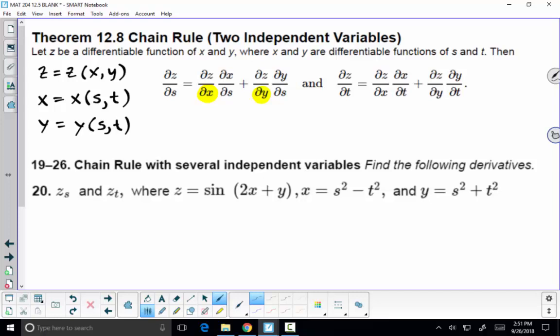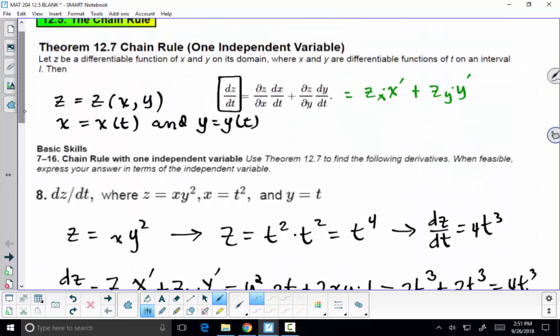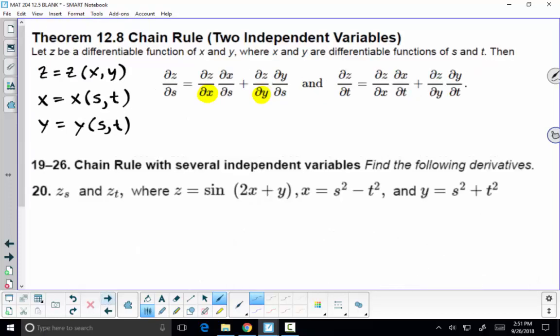It's a function of two through x and y. Like this one here, let's see, was it right there? Right here you have the derivative of z with respect to t, because z is changing with respect to only one letter, t. But now it's changing with respect to two letters. So you can't do dz/ds, it doesn't make sense, because it has two independent variables now, s and t.